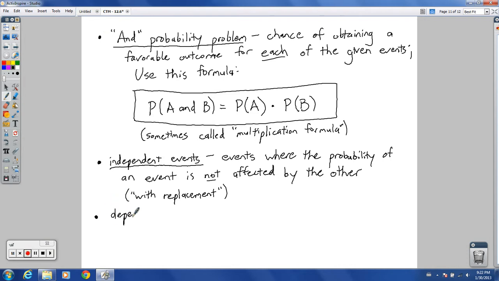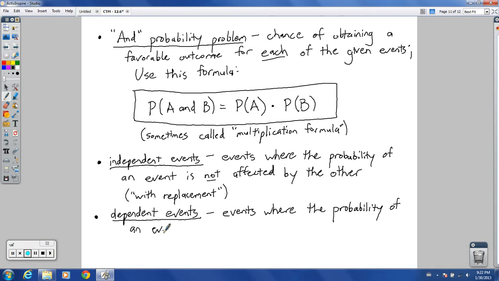And then dependent events, it's just like it sounds again, they depend on each other. Independent events don't depend on each other. Dependent events do depend on each other. So these are events where the probability, and you'll notice almost all the words are staying the same here as they were up here, where the probability of an event is affected.